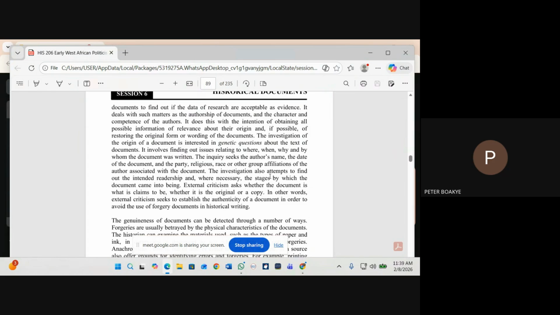Do they really qualify? It does this with the intention of obtaining all possible information of relevance about the issue. It involves finding out issues relating to where, when, why, and by whom the document was written. That is the most important thing here.